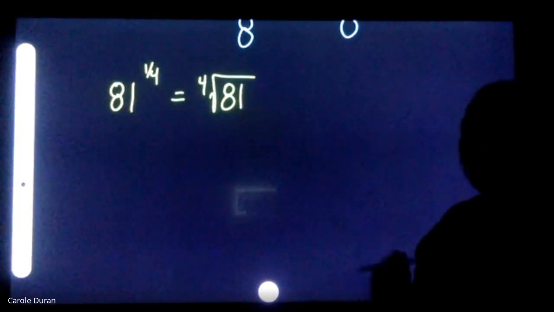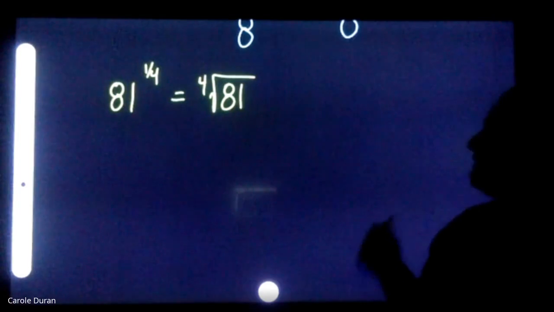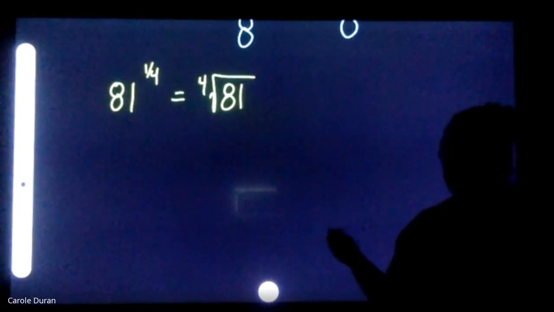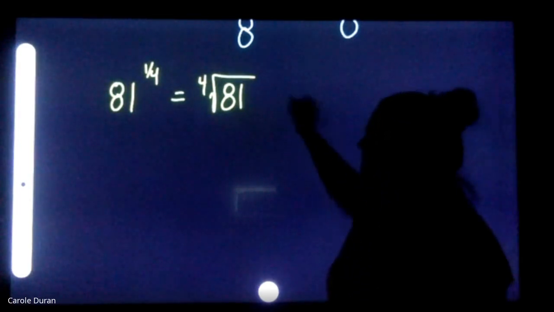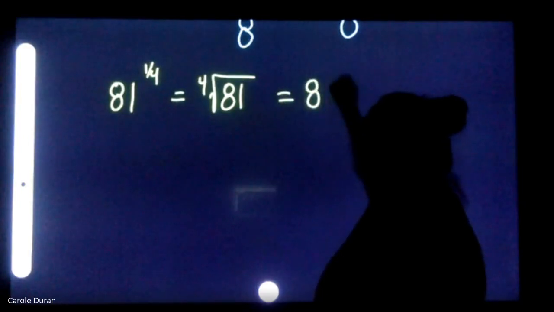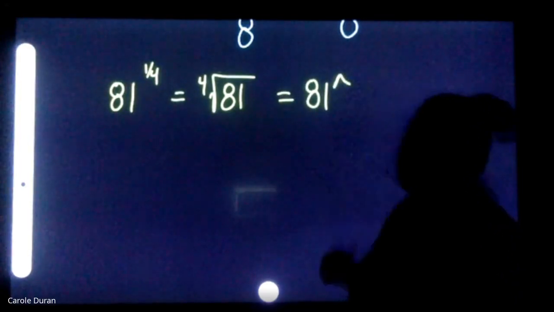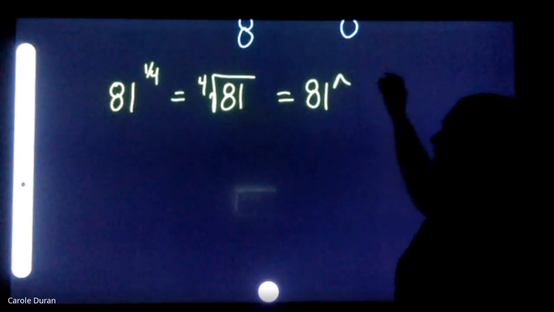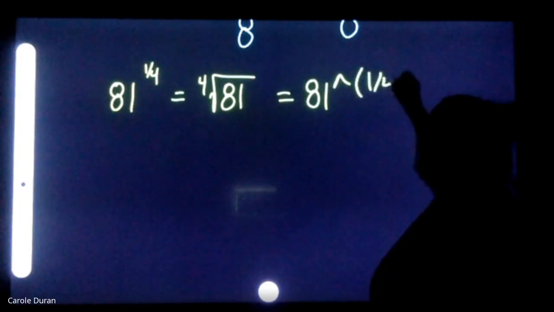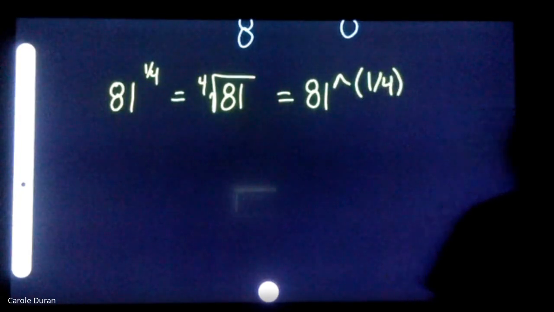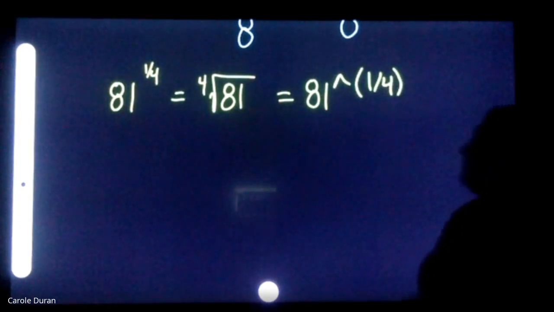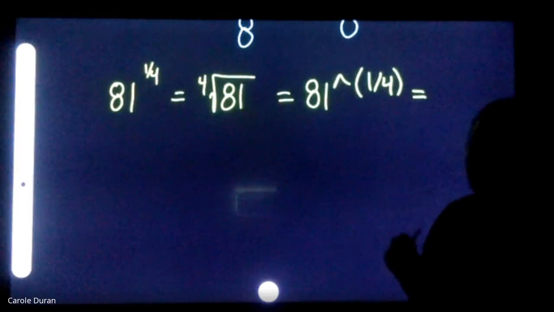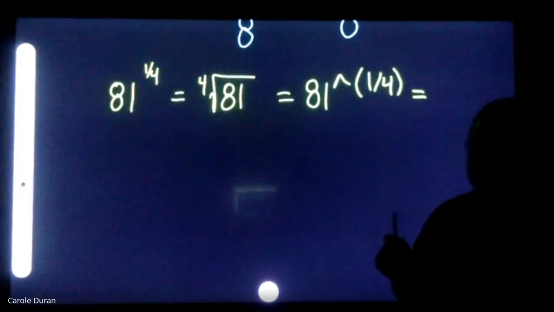So sometimes even rewriting it as a radical doesn't really do anything. So this is where your calculator comes in handy. I can actually put this into my calculator by using parentheses. So I would do 81, and then there's an upward arrow, which we call a caret, and then to the 1/4 in parentheses power. And then tell me what you all get. Yeah, I don't see that caret.